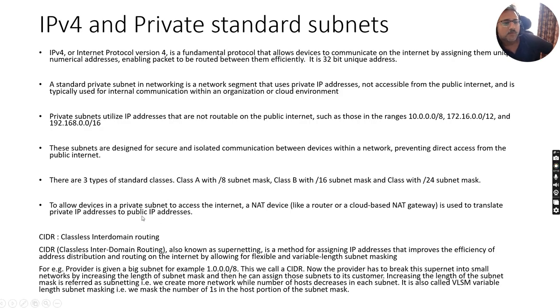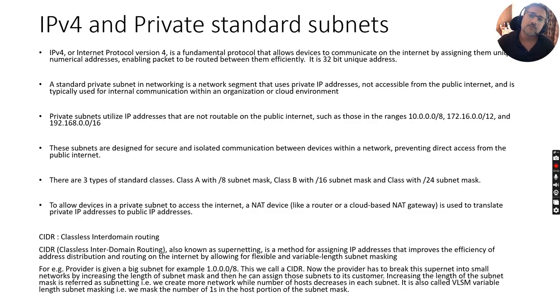Now if you want your private subnet to access the internet, you require a device which can convert the private IP address into a real IP address. As I told you, if you want to access anything on the internet, you have to reach a device which is exposed on the internet, and that device will have a real IP address.